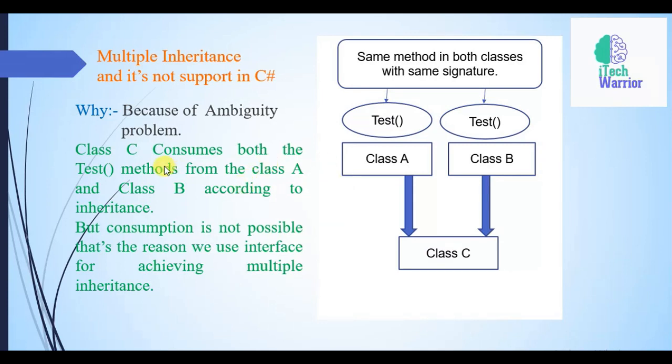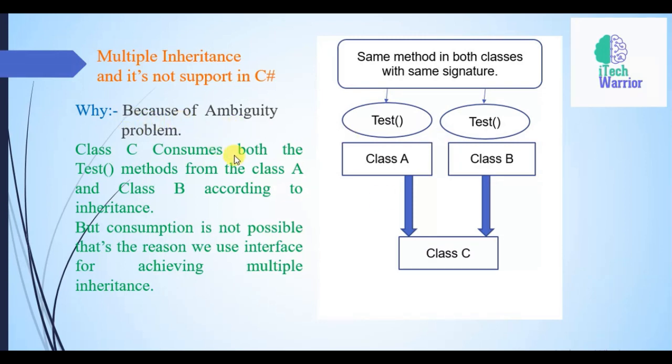But consumption is not possible. That's the reason we use interface for achieving multiple inheritance, because of the ambiguity problem.